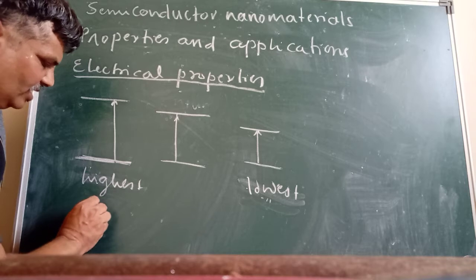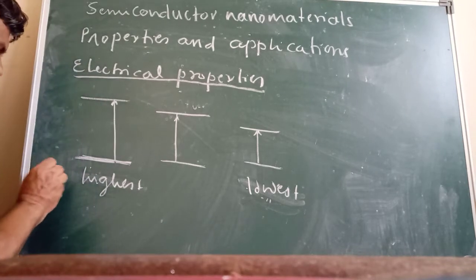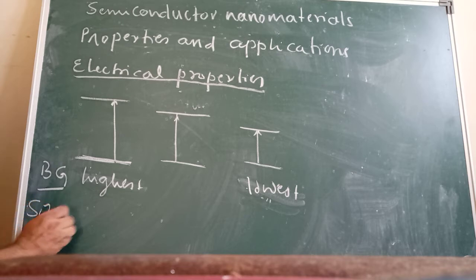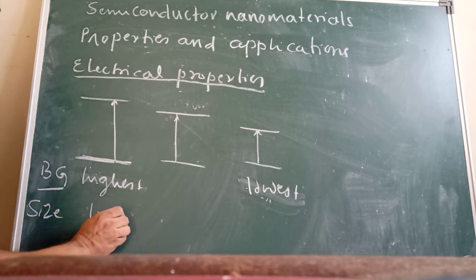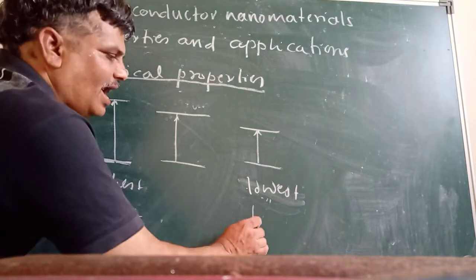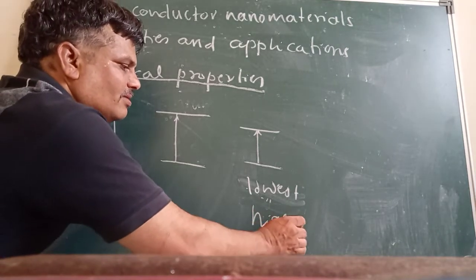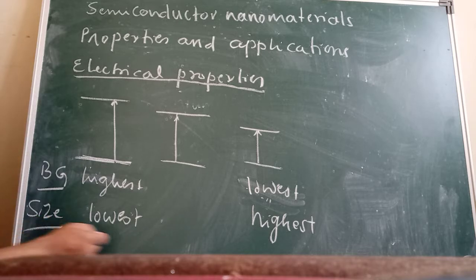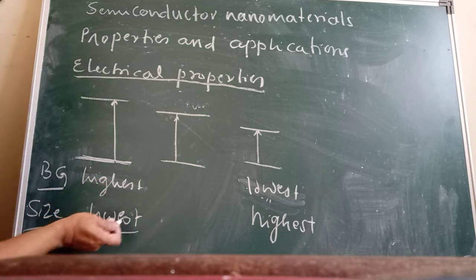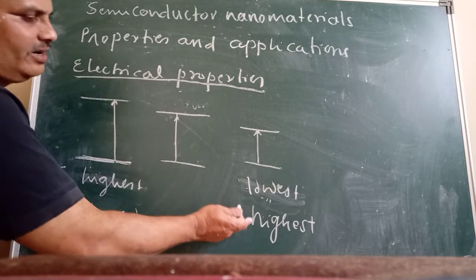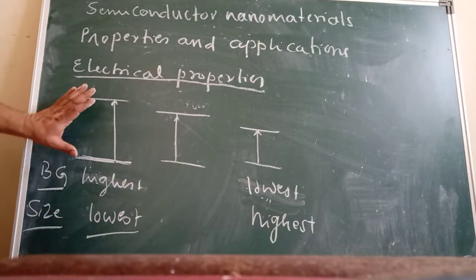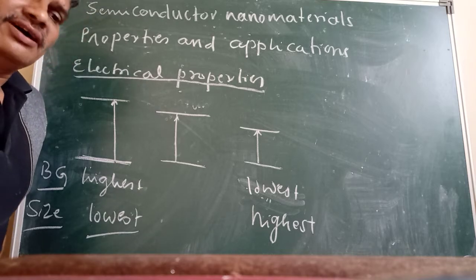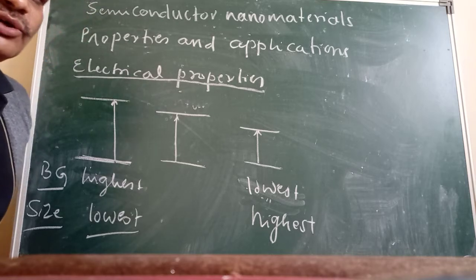For the smallest particles the band gap is highest, and for the largest particles it is low. Similarly, the electrical properties of the semiconductor also vary.